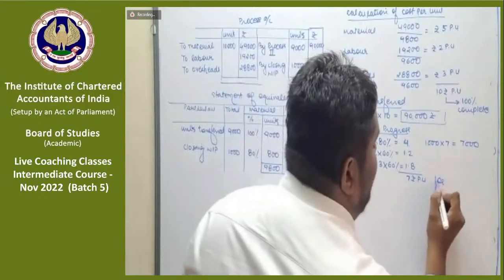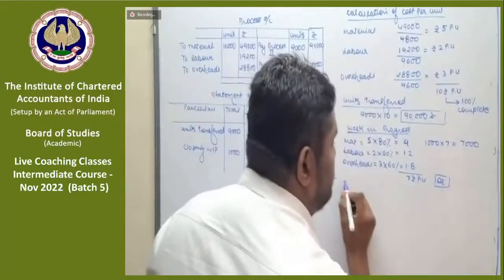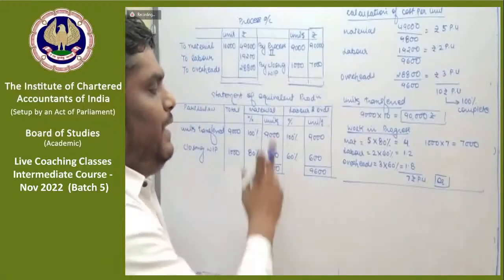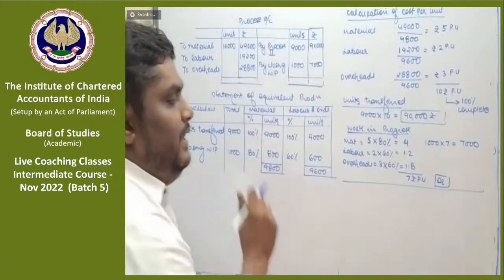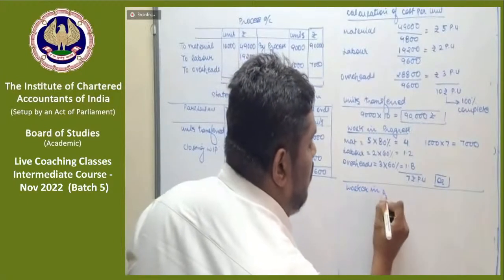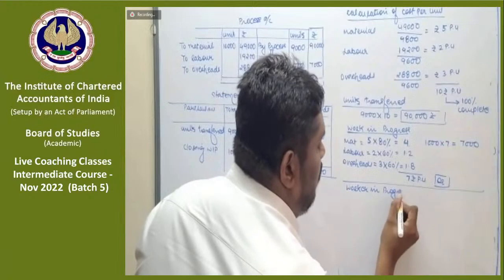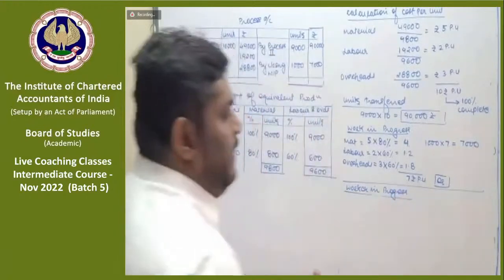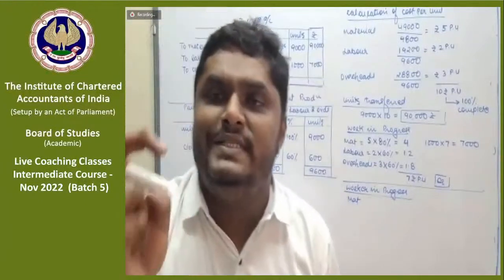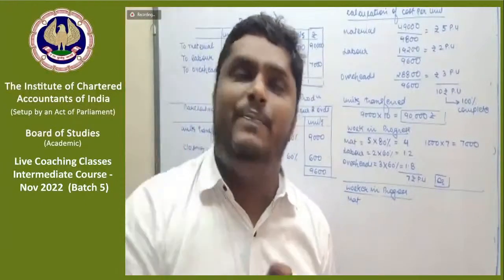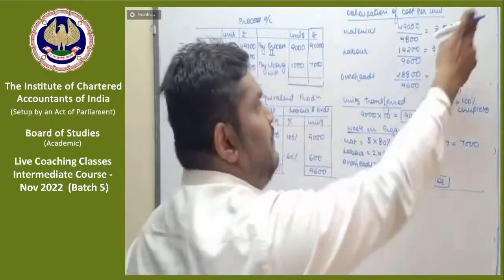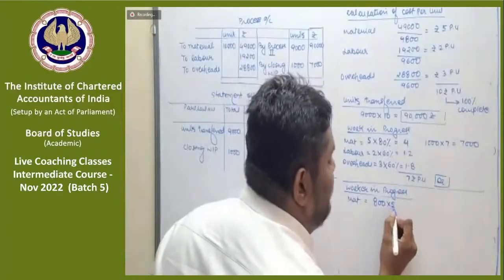Alternatively, we can also calculate as that 800 in case of material, cost, the equivalent number of units, 800 units that are 100% complete, and the cost of 100% completed units in case of material is 5.